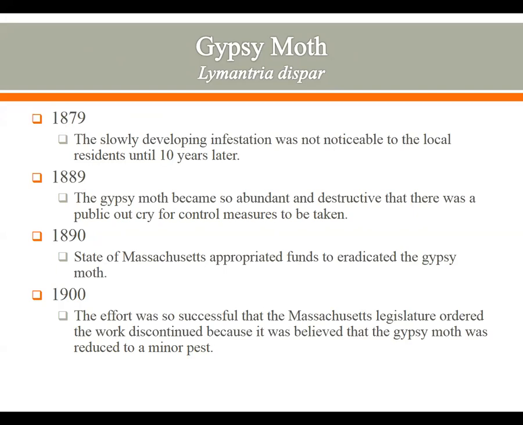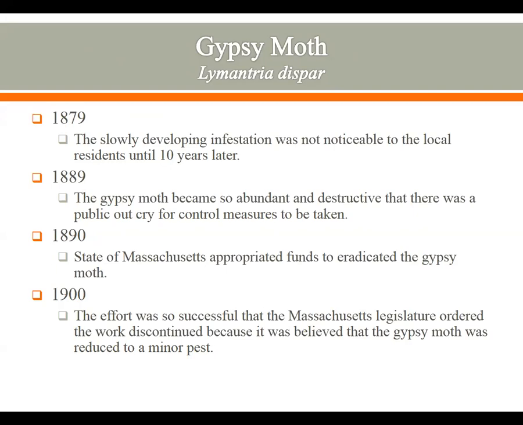And then 10 years after that, in 1889, they became so abundant that the public started an outcry for the government to take measures. So in 1890, the state of Massachusetts did appropriate funds to eradicate the gypsy moth.